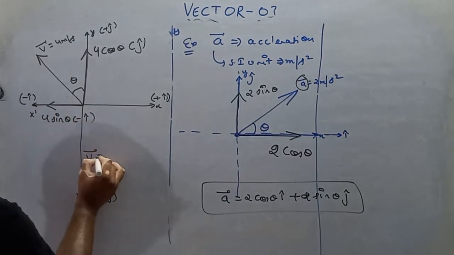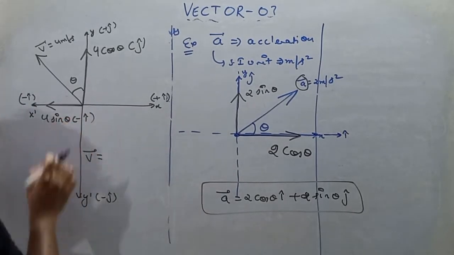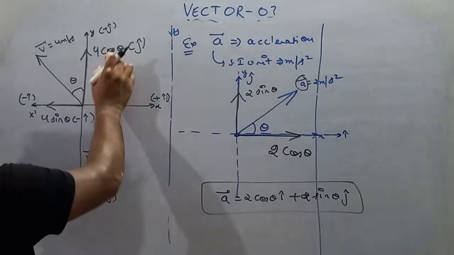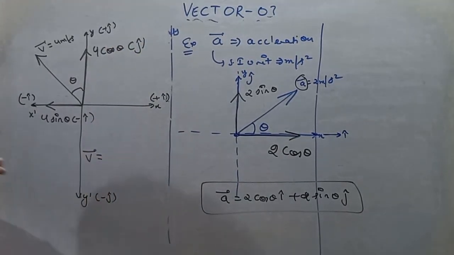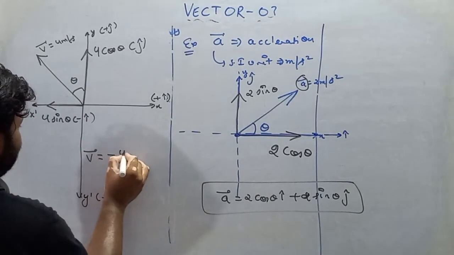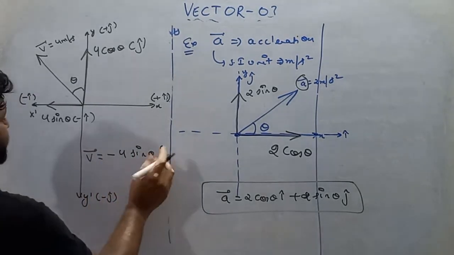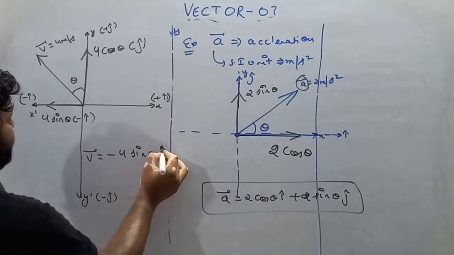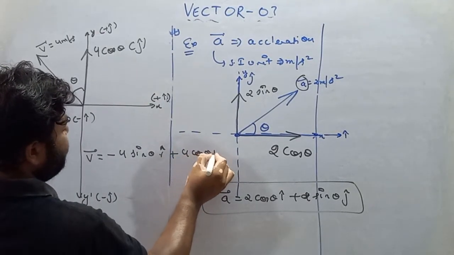So V vector is equal to, remember my dear student, even though sin is along the x-axis and cos is along the y-axis, you have to write first the component of i cap. So I'll write minus 4 sin theta i cap. Why minus i cap? Because the component of sin is along the negative side, plus 4 cos theta j cap.